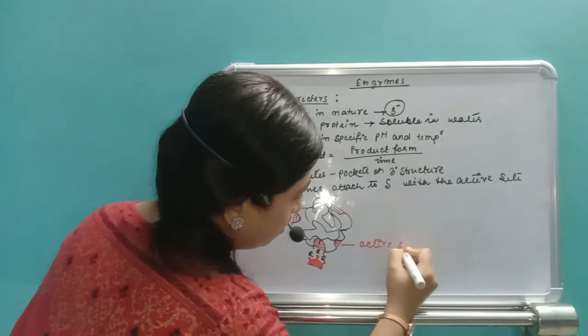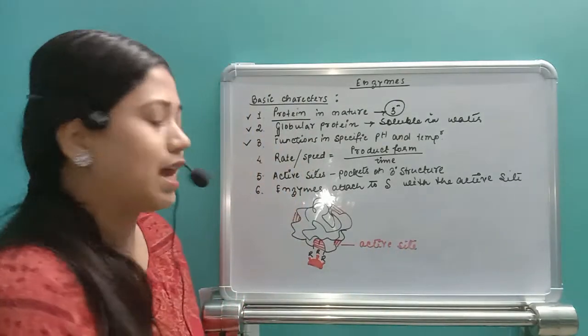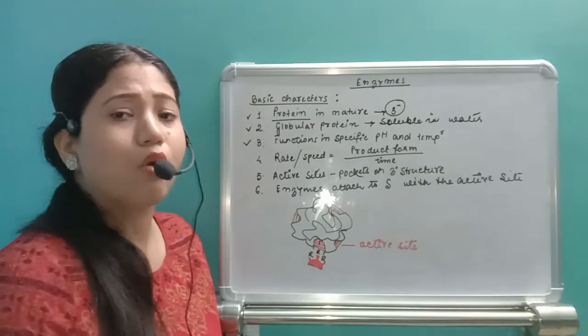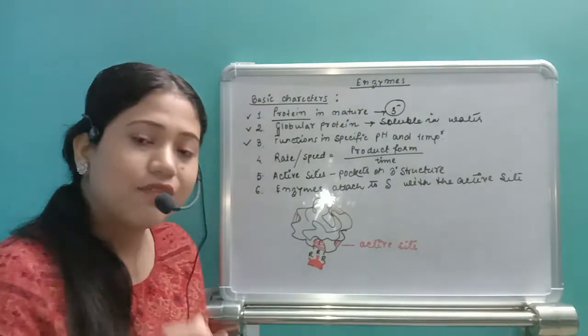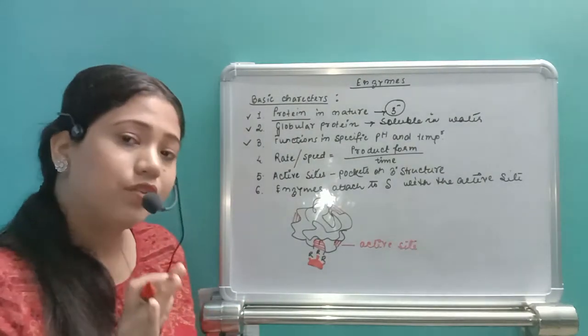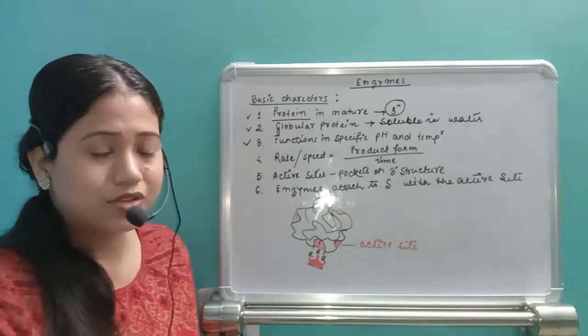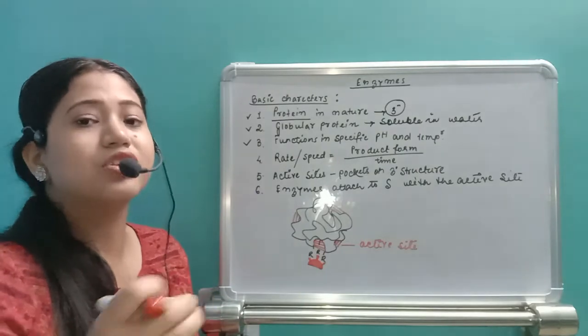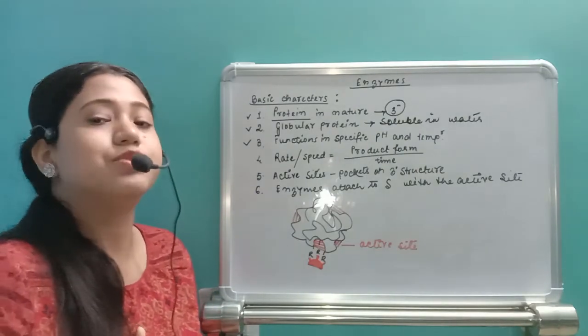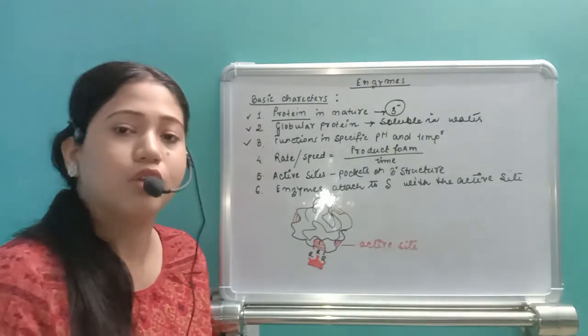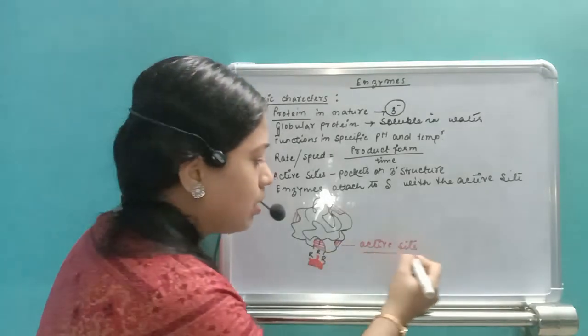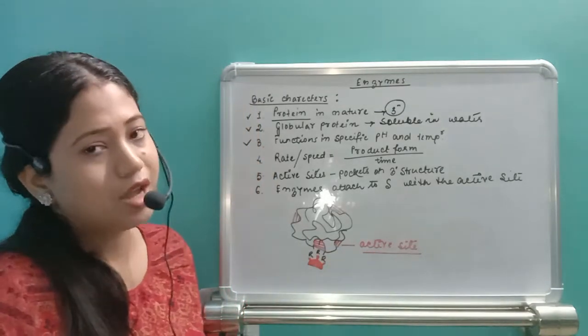The active site is the crevice or pocket developed on the surface of the enzyme with which the substrate can be attached, so that the chemical reaction can be carried on and the substrate can be converted into product. That is called the active site of an enzyme.